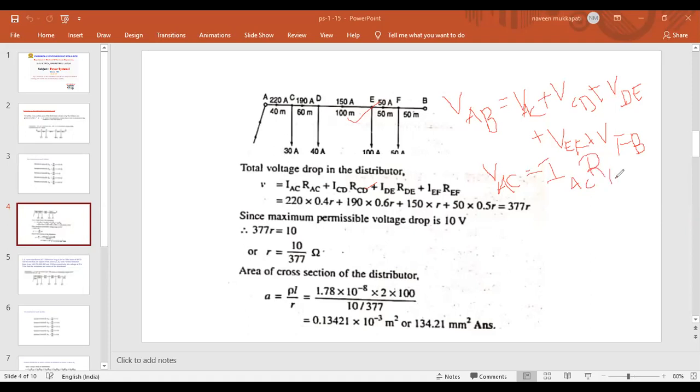First of all, we determine the current in the A to C section.